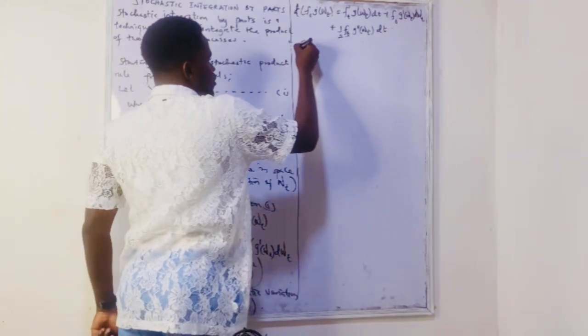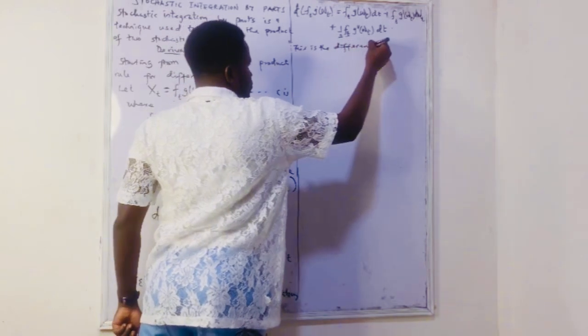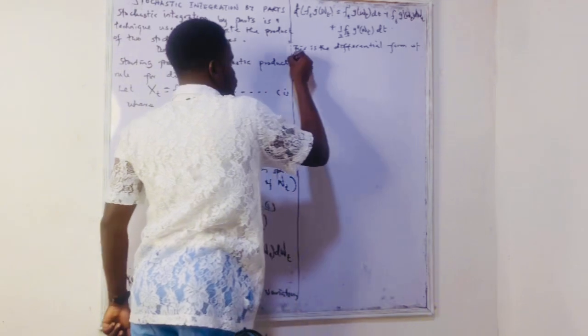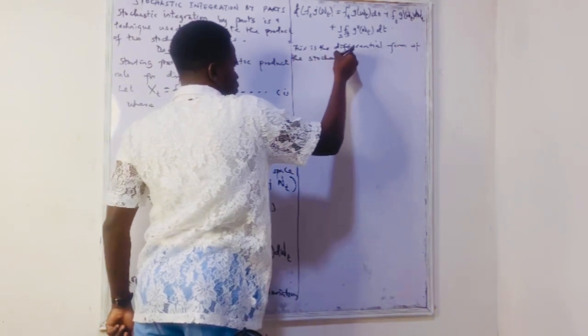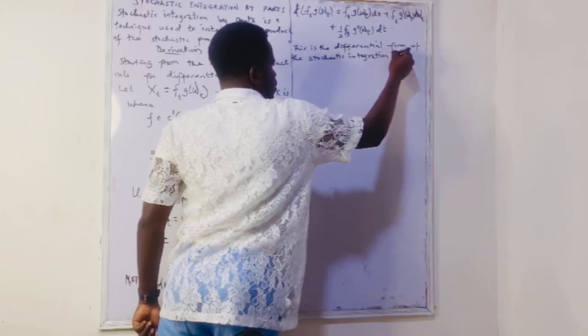So this is the differential form of the stochastic integration by parts.